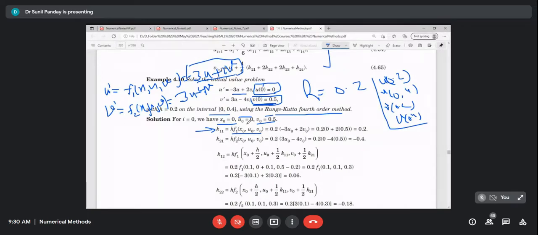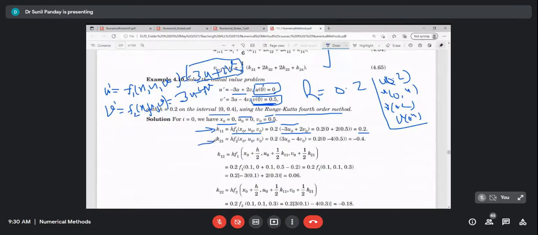They have directly written the definition of f1 of x naught, u naught, v naught: minus 3 u naught plus 2 v naught, and then substituted the values, u naught is 0 and v naught is 0.5. After simplification, this is the value of k1, or we say k11, for u.